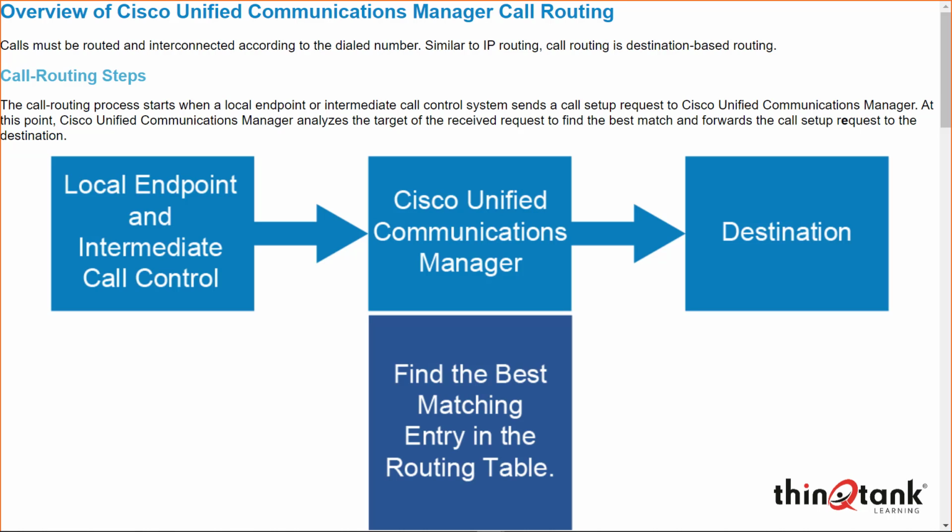So we're actually routing from one call control agent to another call control agent. Or we can do PSTN routing, where we're actually sending the call over the PSTN and then routing the call to the service provider based on that PSTN routing function. So lots of choices for routing calls outside of the phone system.